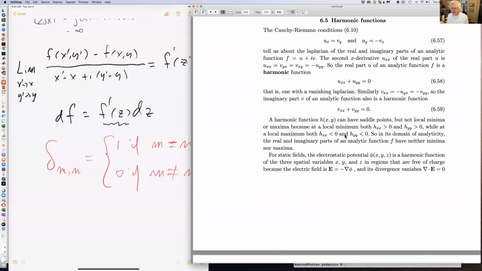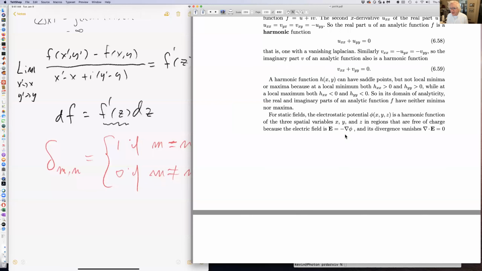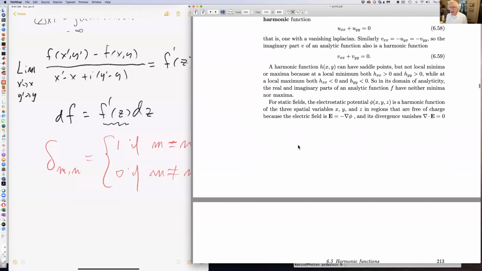So a harmonic function can have saddle points, but no actual minima and no actual maxima, and here I'm talking local minima, local maxima. So in its domain of analyticity, the real and imaginary parts of an analytic function f are harmonic and therefore cannot have minima or maxima.